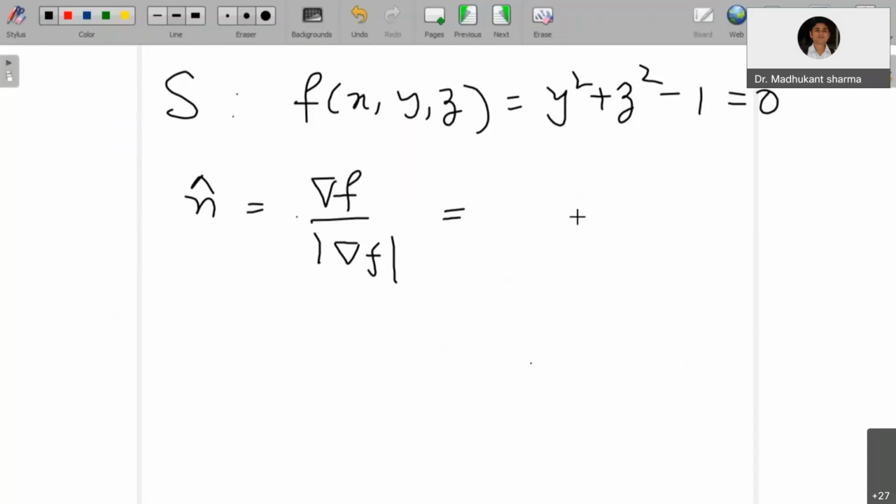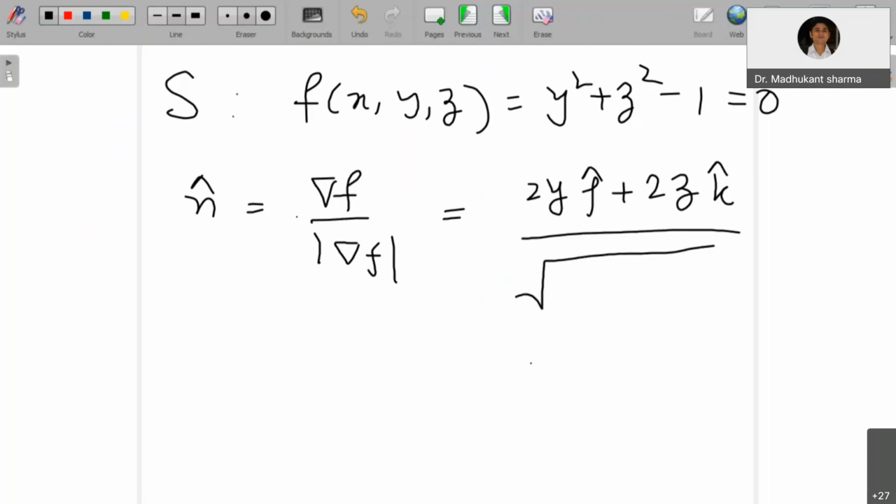So grad f is fx is 0, fy is 2y j plus 2z k, divided by mod grad f, which is the square root of 4y square plus 4z square.